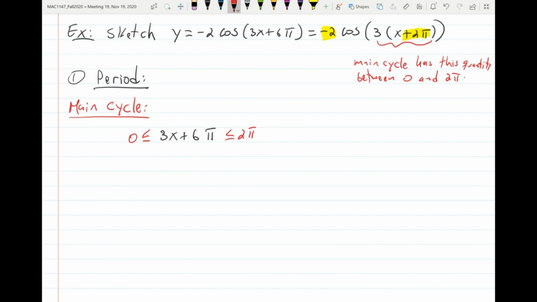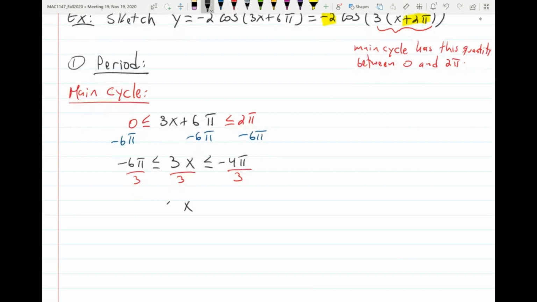In this case, we're going to do it in one shot by working on the three sides, okay? So we subtract 6 pi everywhere, just solving for x. So we get negative 6 pi less than or equal to 3x less than or equal to negative 4 pi, and then we divide everything by 3. So we get that x is going to be between negative 2 pi and negative 4 pi over 3.